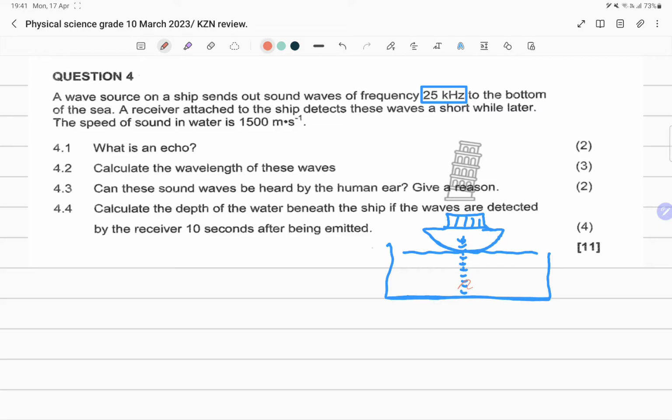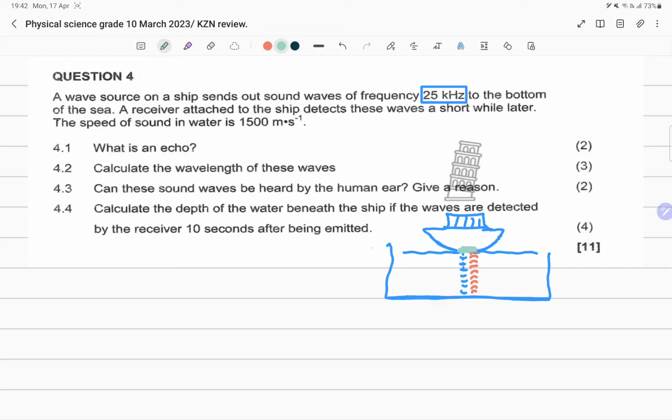They kind of propagate backward. So this is what we call reflection to a detector. If we say the detector is here, so that's the detector right there. Of course they said this is attached to the bottom of the ship, so this is not quite a good representation. So let's just say the detector is here.